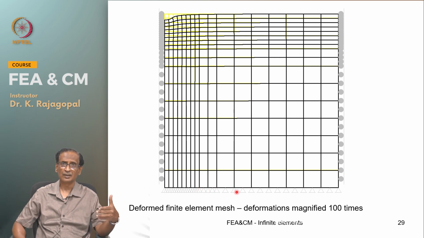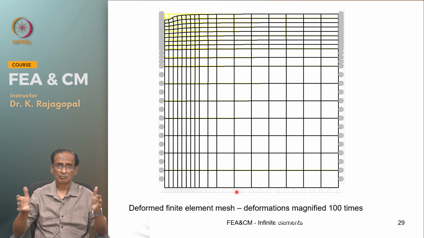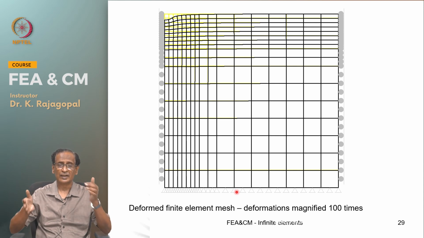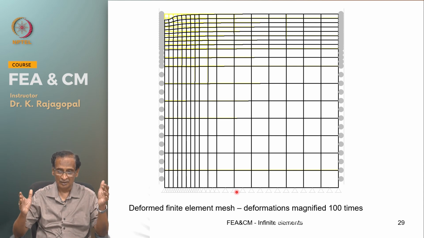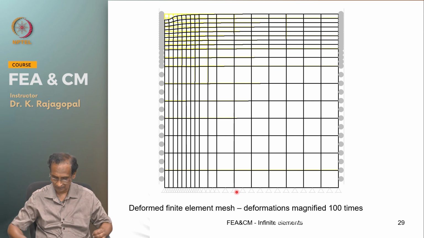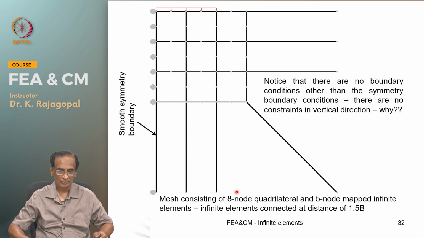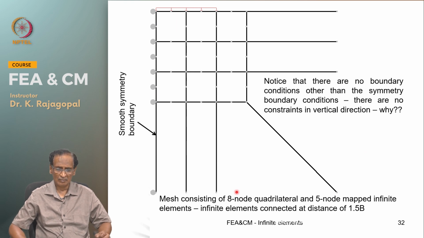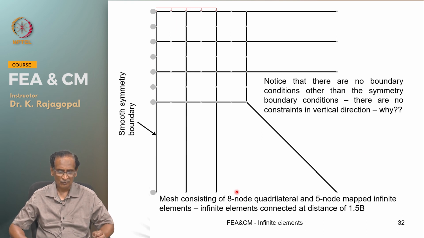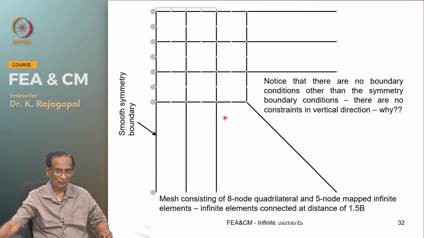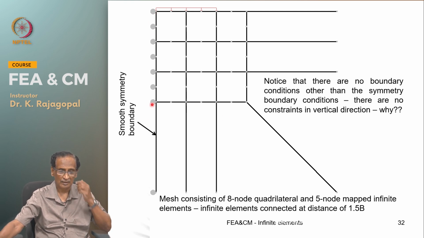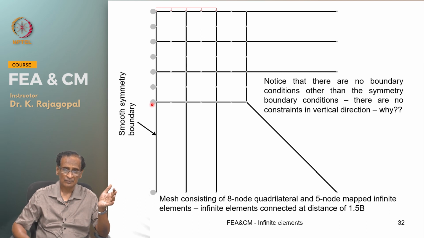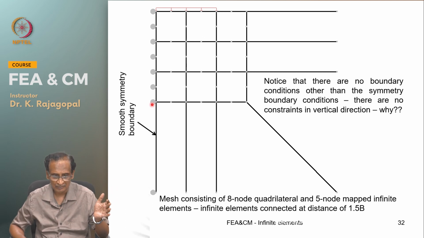Basically, that is to represent a rough rigid surface, and the two vertical surfaces are treated as smooth rigid boundaries. Whereas with infinite elements, we enforce only the boundary condition corresponding to the symmetry and nothing else.